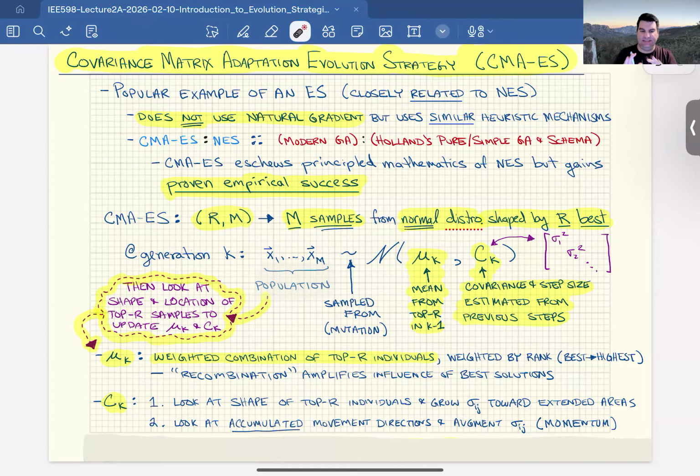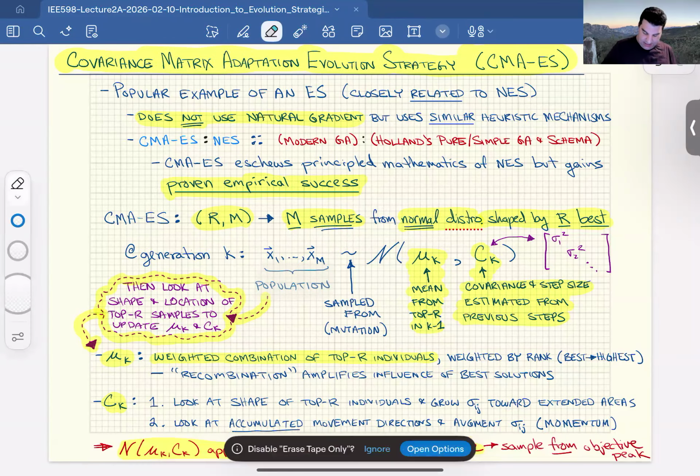Now, and this is a key thing that is very different from NES, we are also going to look at the accumulated movement directions over basically the history of this algorithm, and we're going to use that to augment the variances in the covariance matrix to give us some aspect of momentum. And that momentum is going to help us move in productive directions.